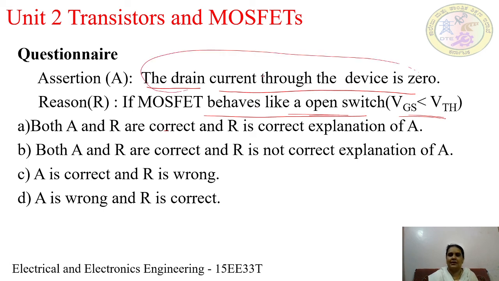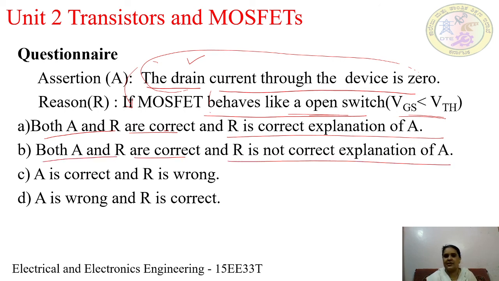The drain current can be 0. We don't know for what condition it is 0, but it can be 0. But if this statement is true, whether the truth of this statement comes from the second statement, then both A and R are correct, and R is the correct explanation of A. But if the second statement doesn't become the cause for the first statement, then both A and R are correct, but R is not the correct explanation of A. So in this, A may be correct and R wrong, or A may be wrong and R correct.